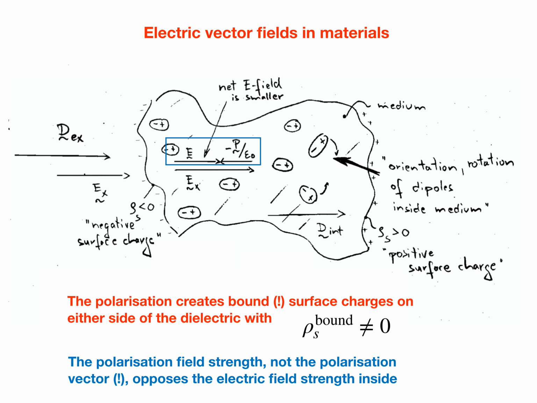However, in general, the internal electric flux density can also be different from the external electric flux density because of surface charges. One has to distinguish the bound surface charges that are created by the polarization and that are shown here, and any free surface charges that are placed there. Furthermore, the geometry of the dielectric affects the direction and magnitude of the electric field inside.